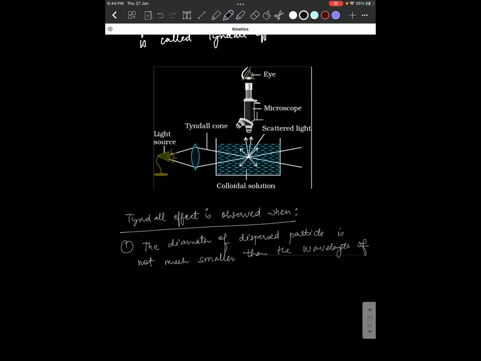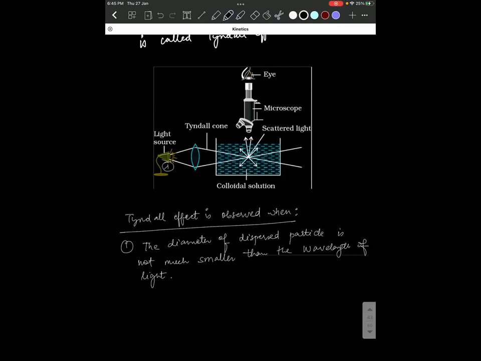Now, what are we writing in this point? Tell me when you have written. Yes, I'm done. Okay. Now I am saying that if the diameter of the dispersed particle is not much smaller than the wavelength of light, then only Tyndall effect will occur. Now what does this mean? That this light source which is coming from here must have a wavelength.